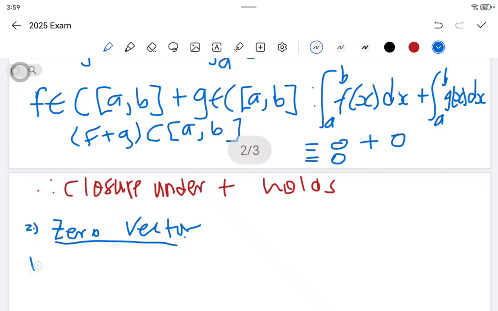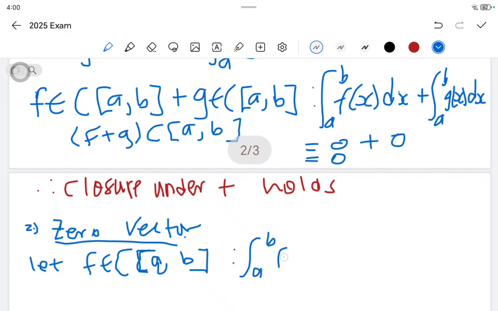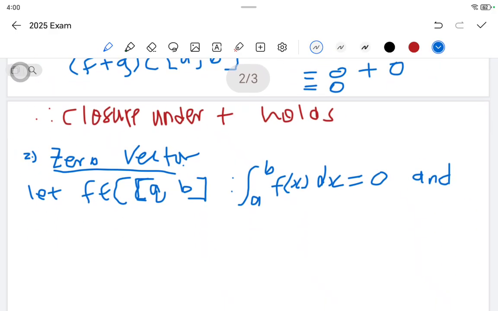So we're going to let f be an element of that continuous function over the closed interval AB, such that the integral of AB f of x dx is equal to 0, and we just let some function e also from its closed interval, and we can let e be a continuous function over this.